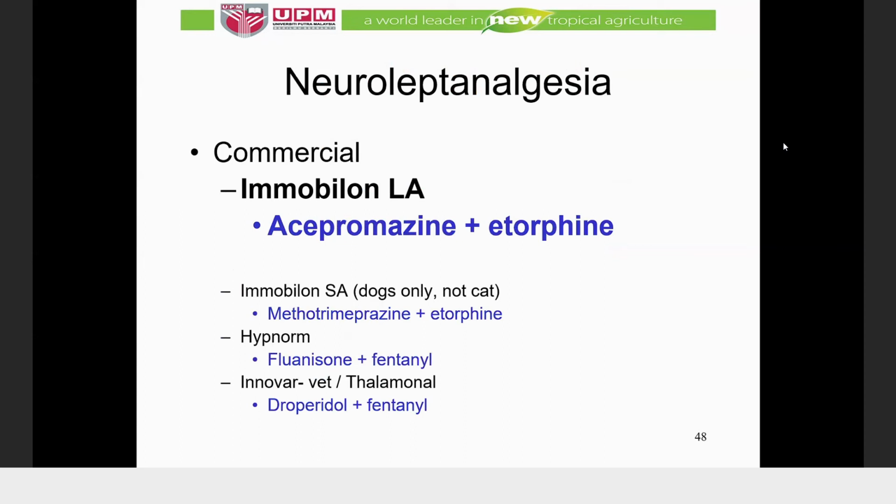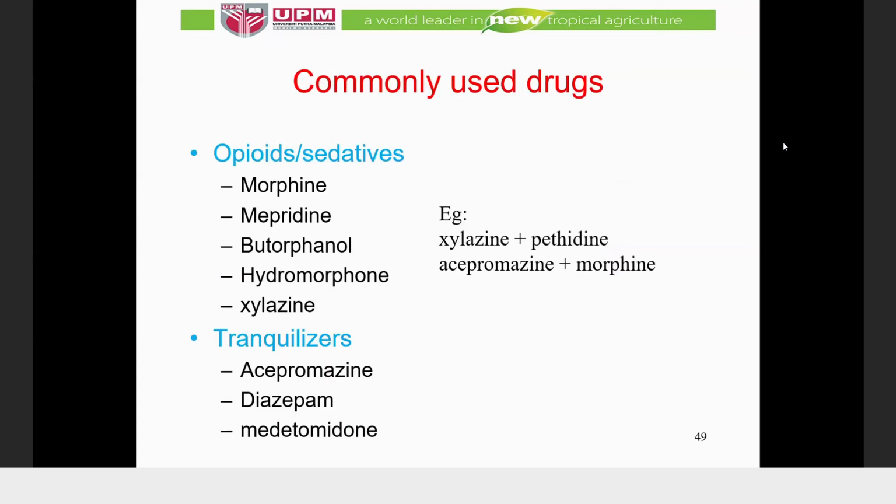The drugs I have mentioned are the ones you will most commonly find in the textbooks and in various clinics. There could be more synthetic ones because of new technology and new drugs. Apart from the commercial products, you can also make your own combination in clinics with the available drugs.